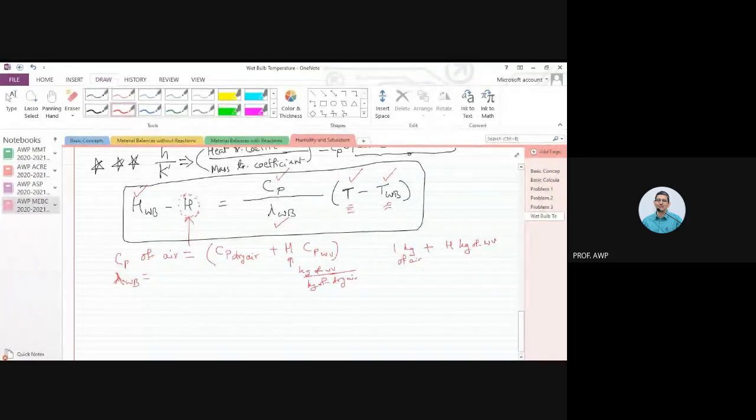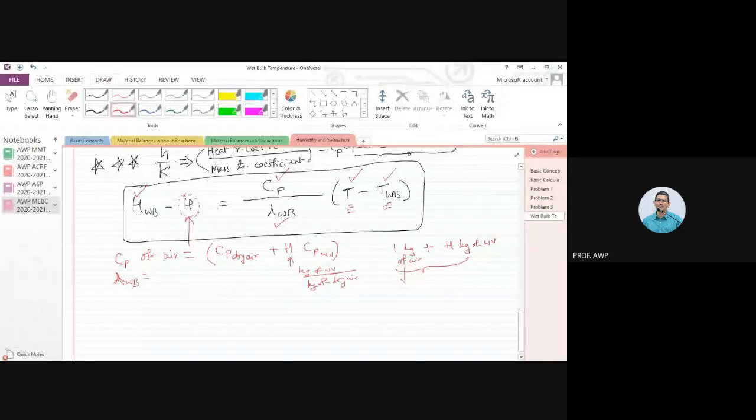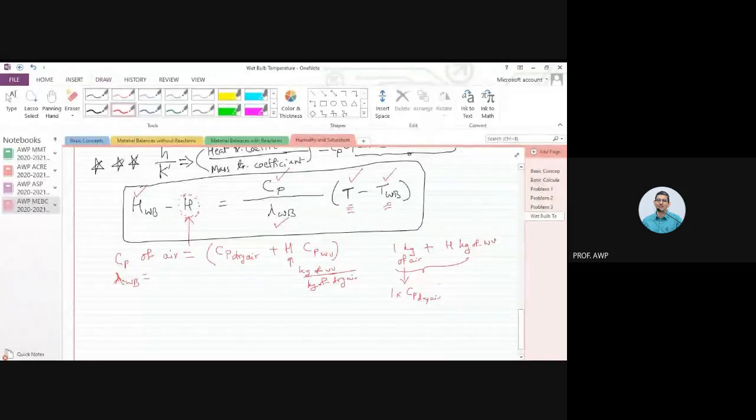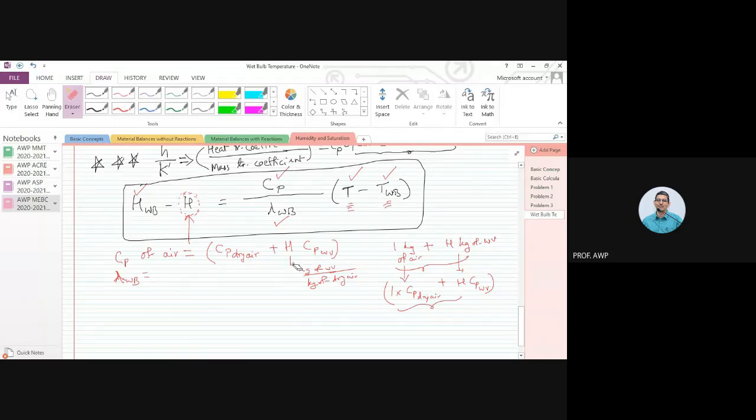So the amount of heat required per unit temperature rise is 1 multiplied by Cp of dry air plus H multiplied by Cp of water vapor. That is actually the specific heat of air because it contains water vapor as well as the dry air part of it. Humidity is in terms of kgs of water vapor per kg of dry air.